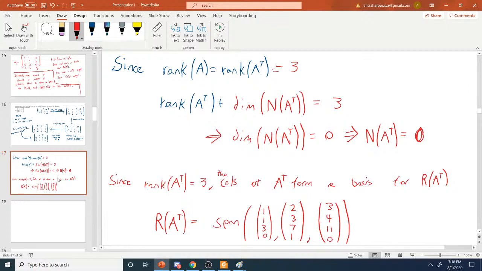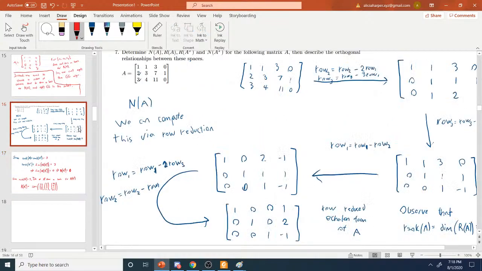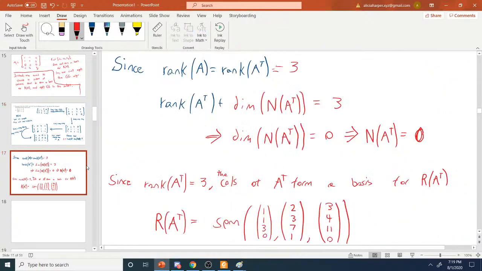So we have leveraged a lot from just one computation. We were able to compute the row-reduced echelon form of A. By computing the row-reduced echelon form of A, we observed that the rank of A was 3. And that told us that the rank of A transpose was also 3.